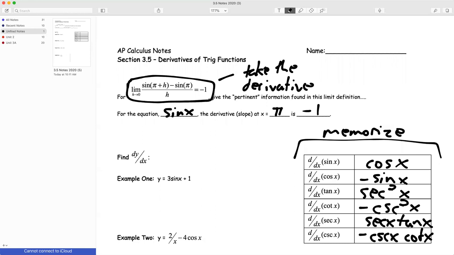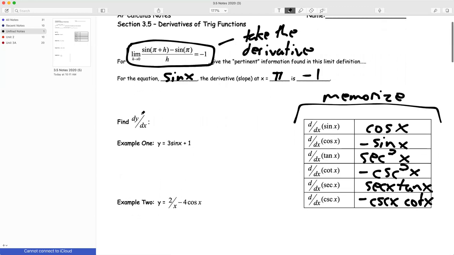Okay, so here we go. Example number 1. Find dy dx for y equal to 3 sine of x plus 1. I'm going to take my derivative. This is kind of how I think about this. I'm going to treat this 3 sine of x like a mini product rule.